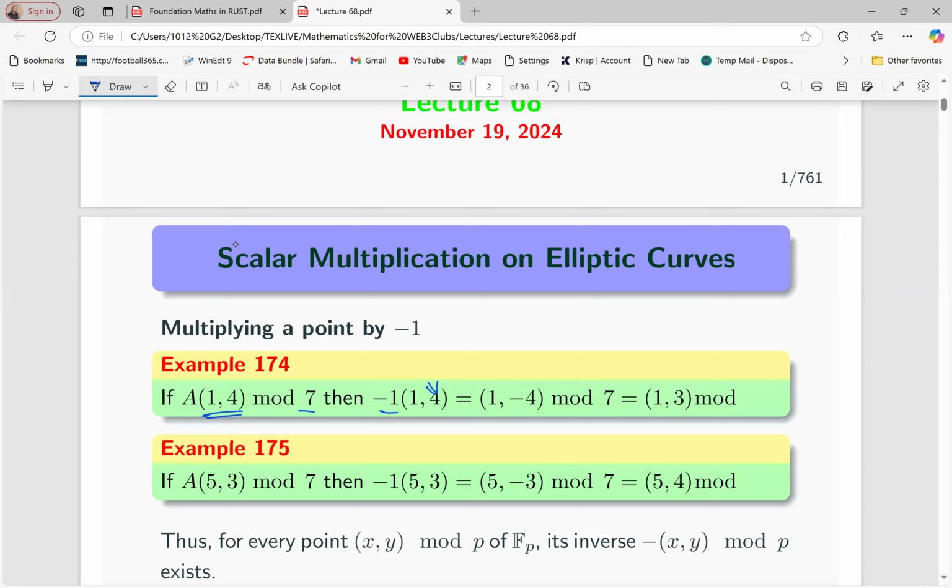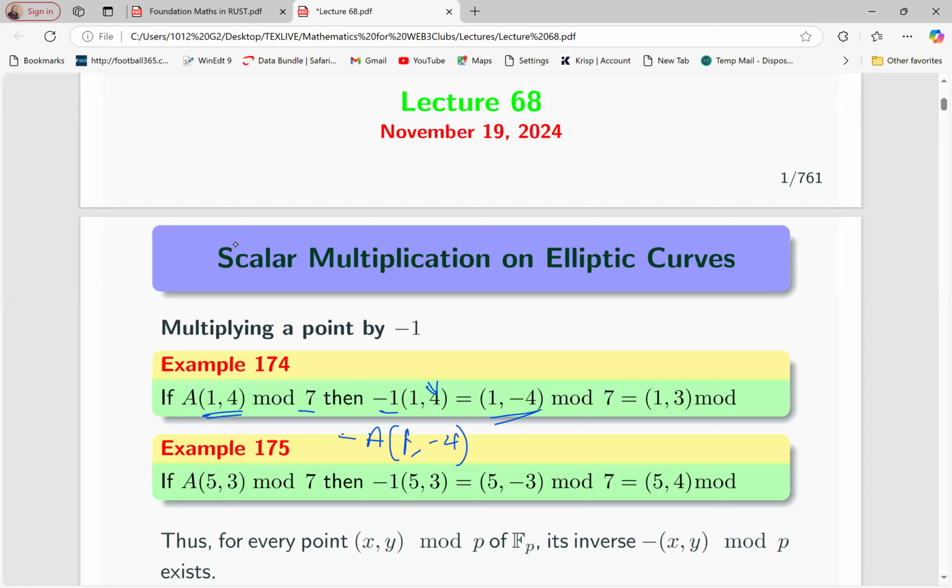So what you get as your new point is this. In fact, that is just the same as getting the inverse of A, because the inverse of A will just be 1, then -4. And since we are doing it mod 7, this negative number, we make it positive by just adding 7 to it. And you get this 3. So this is now the new point that you get after multiplying the original point by -1.